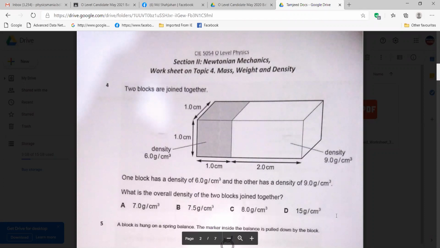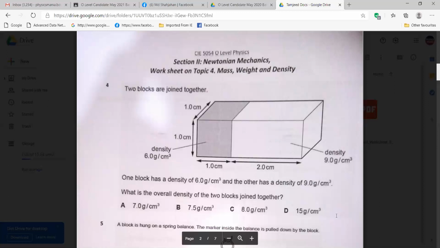Fine. So here you mark overall density. That one you mark, underline that one. This one is the main point for the whole question. Overall density is the main thing to focus on.